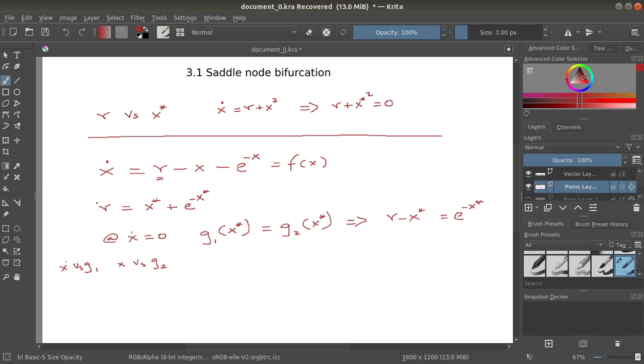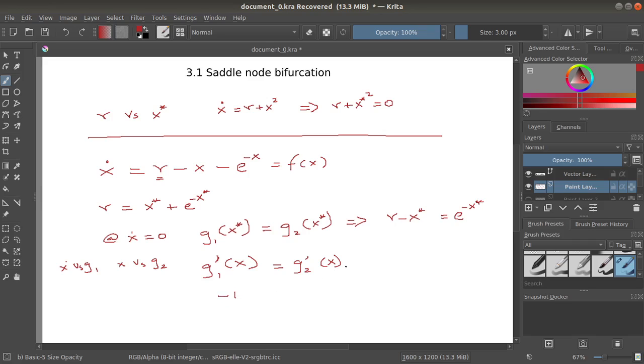So the condition is g1 prime of x, differentiating, should be equal to g2 prime of x. What is g1 prime of x? g1 is r minus x, so differentiating with respect to x, I get minus 1.